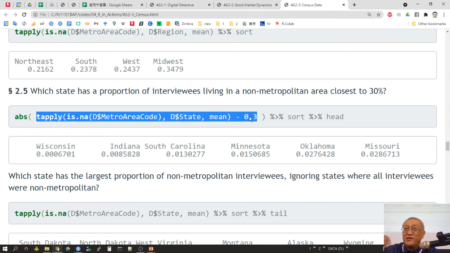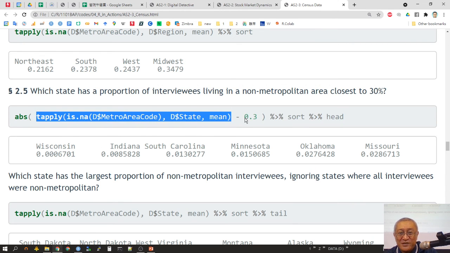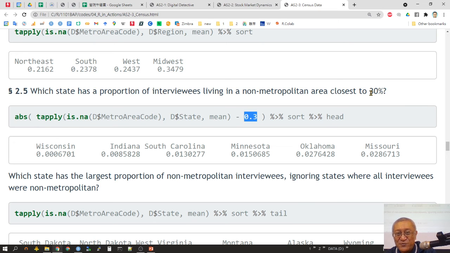The difference could be positive or negative, so I need to apply an absolute value. I calculate the ratio, subtract 30%, and apply the absolute value. Then I sort it and take the head. Which one is closest to 30%? It's Wisconsin. It's almost exactly 30%.